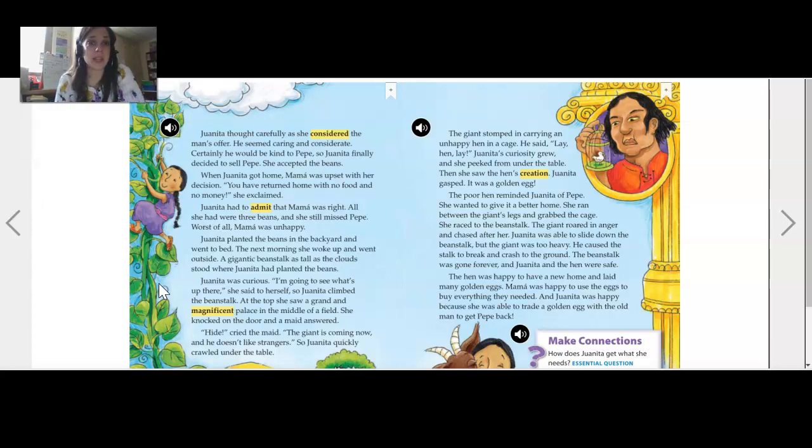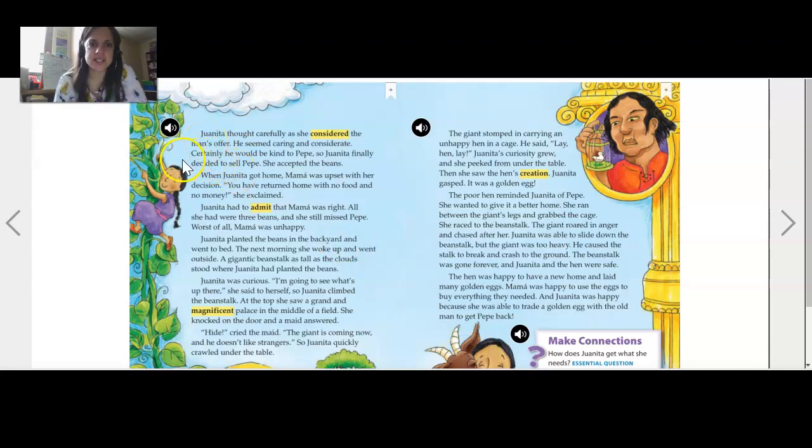So this is a made-up story with magical events and a magical setting. And now we just have to think about the lesson that we're going to learn and the happy ending. So there's almost always a happy ending, and I see down here in the illustration that Juanita is close to her goat. Maybe she gets her goat back.